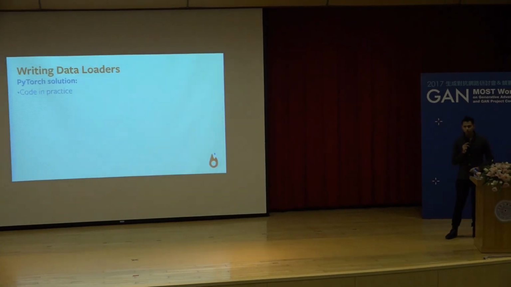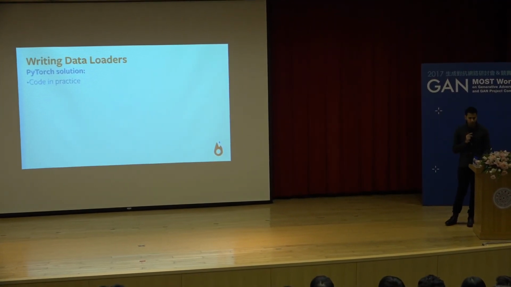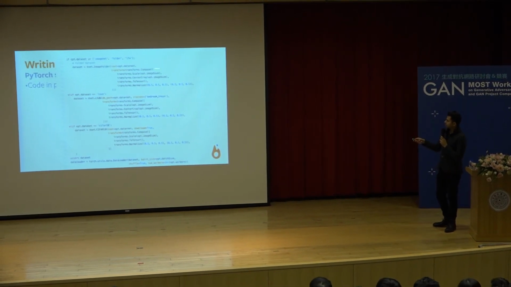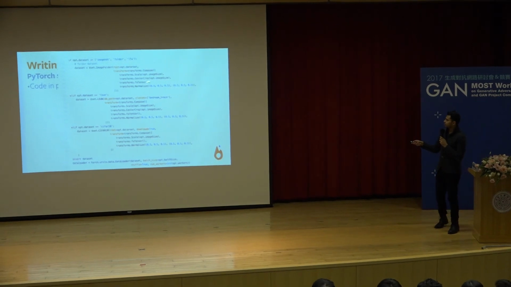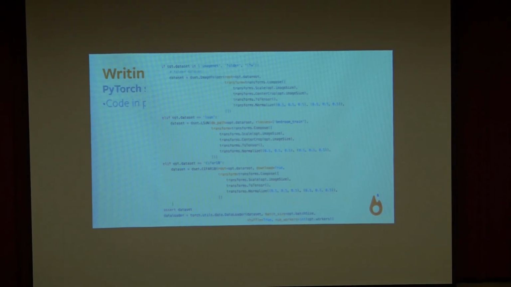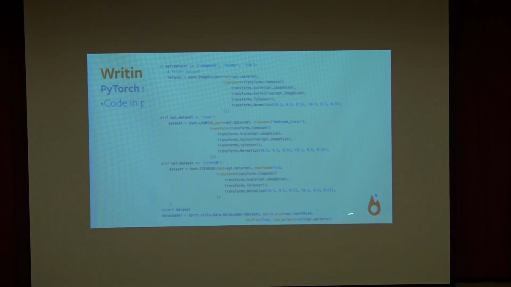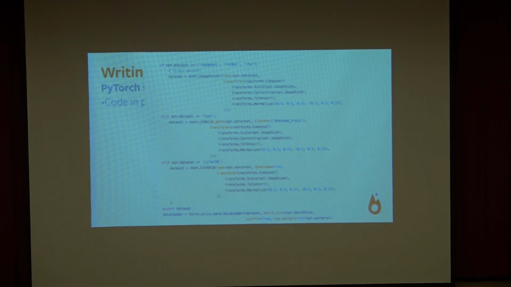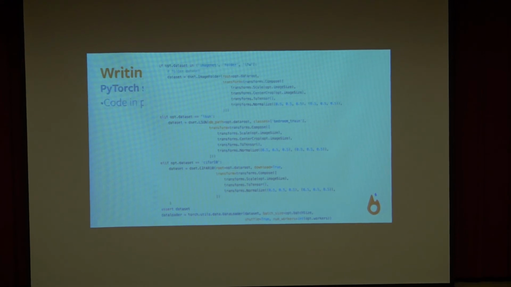So in practice, if you want to write your own data set and data loader, the way it looks like is you just create a particular data set object, and you can give some pre-processing, like, okay, I want to do some random image augmentation. And then in the last two lines here, you take this data set object and you construct a data loader that is a multi-threaded version of this data set that will automatically load the data from these data sets across multiple CPU cores.